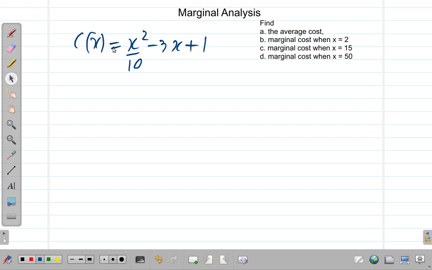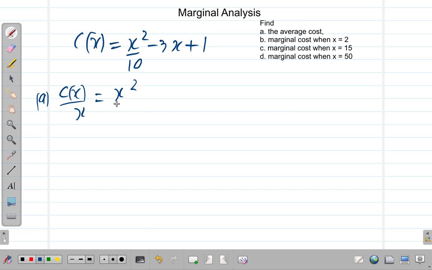We have C of x equals x squared divided by 10 minus 3x plus 1. So the average cost, this is A, would be C of x divided by x.